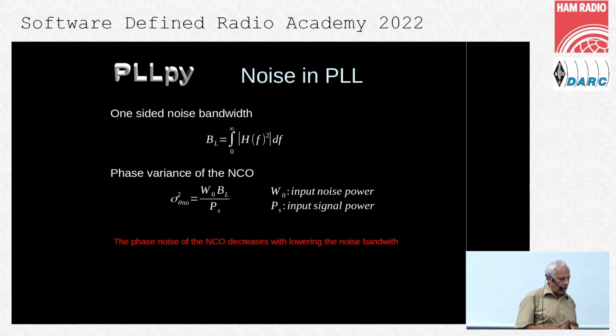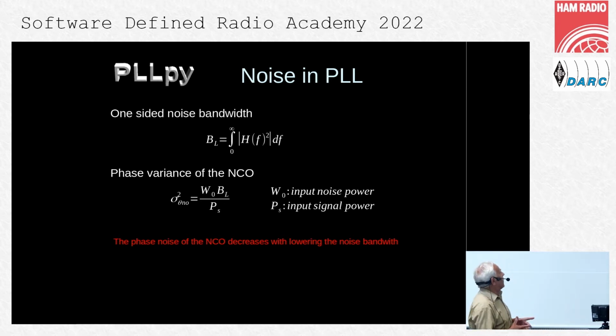Now you make a brick wall type low-pass filter with a variable cutoff frequency, put the same noise source into the input, and you measure the output noise power. You change the cutoff frequency until the output noise power matches the previously measured noise power with the closed loop transfer function. In that case, this cutoff frequency will be the PLL noise bandwidth.